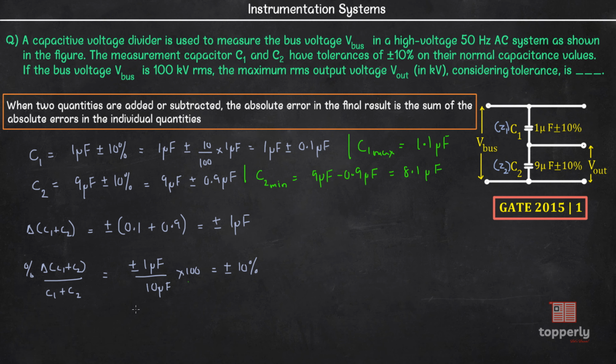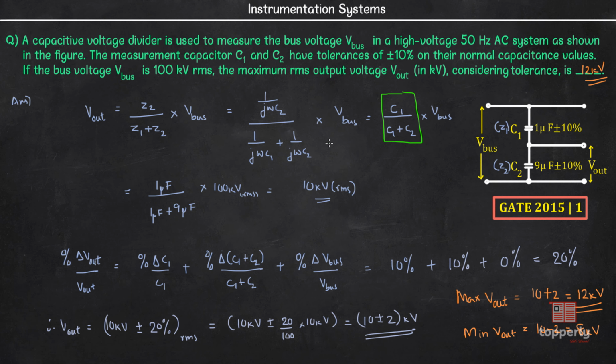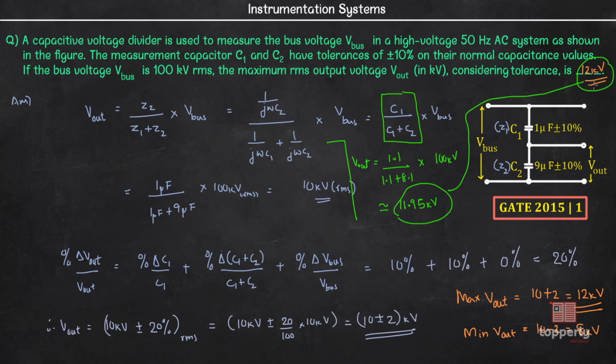So substituting these values, we have V out equal to 1.1 by 1.1 plus 8.1 into VBus, which is 100 kV, which is approximately equal to 11.95 kV. And you can see that this answer closely approximates our original answer.